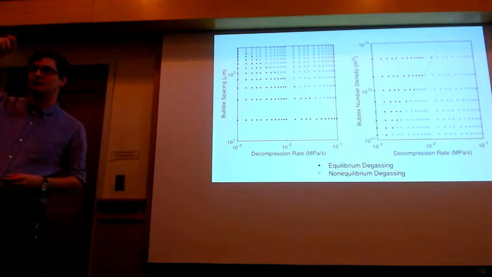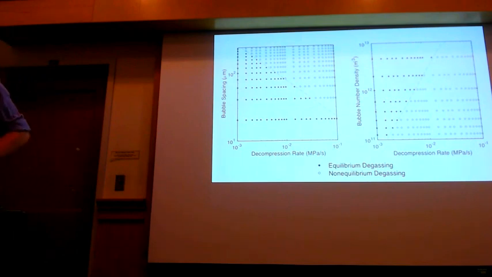So how important is heterogeneity in the magma? Heterogeneity how? In what respect? Like in actual magma, or I guess actual pumices. Sure. Like chemical, bubble spacing. Well, I was thinking like how uniformly distributed are the bubbles?